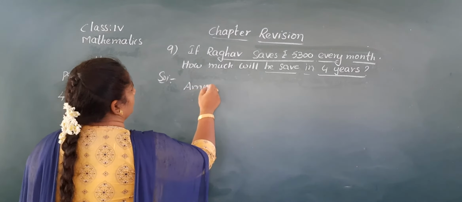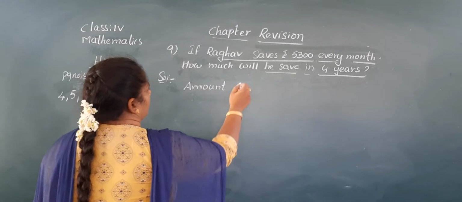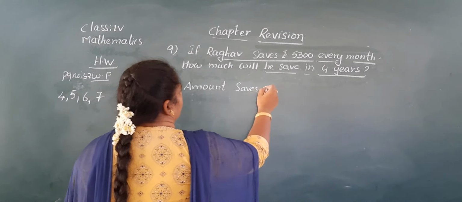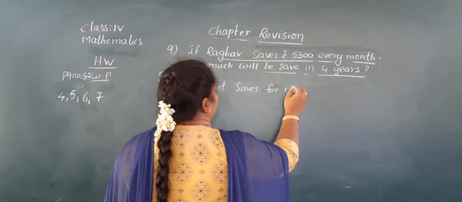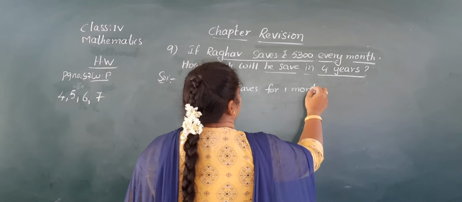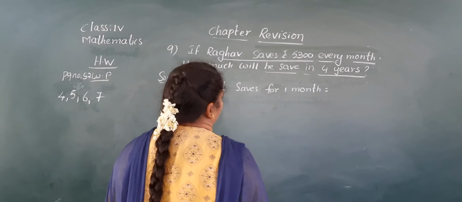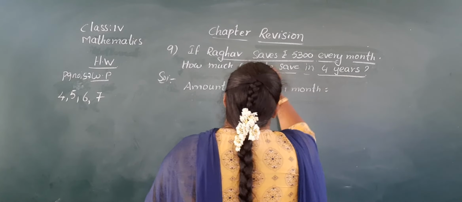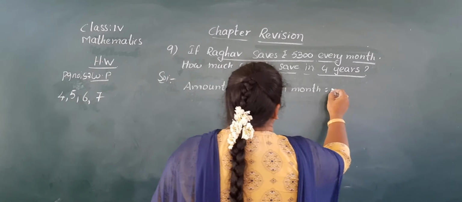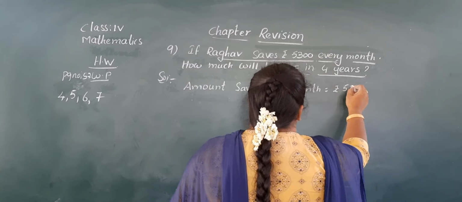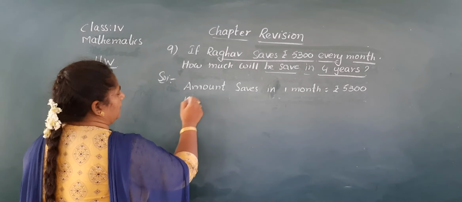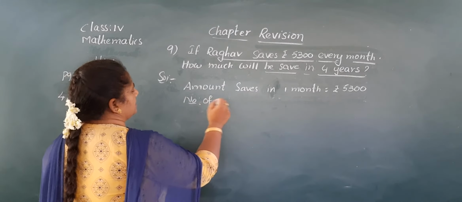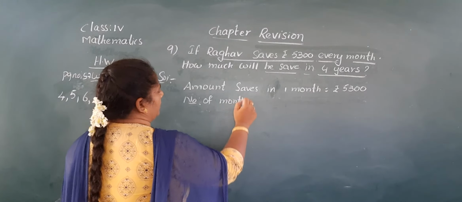Amount saved every month. Amount saved in 1 month is equal to 5,300 rupees. Now we have to find the number of months in 4 years.